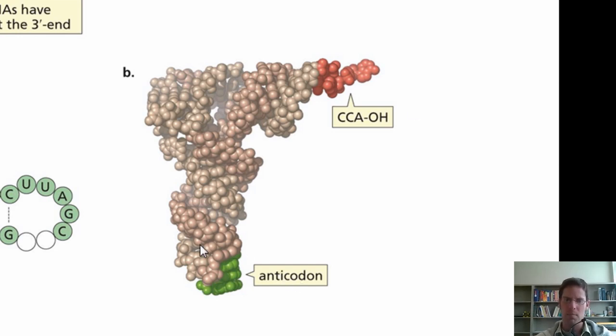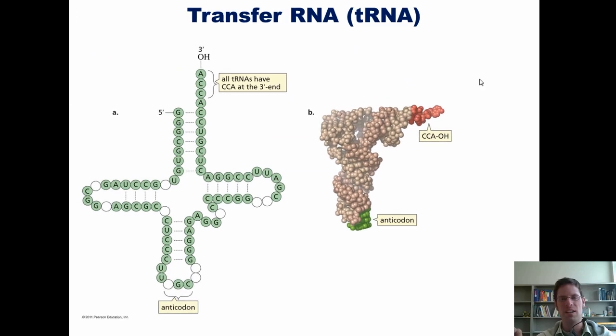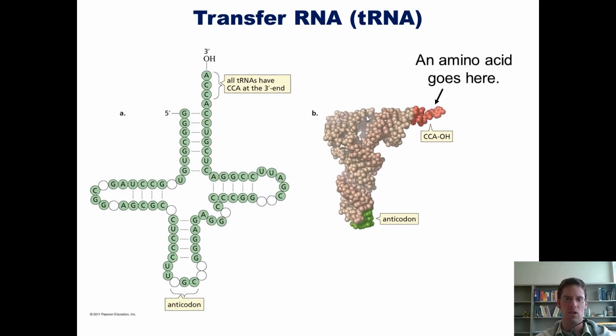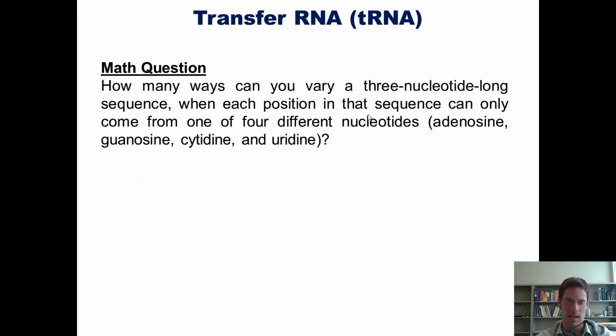In any event, the butt of this pistol right here has a 3 nucleotide sequence called an anticodon. The muzzle of the pistol over here has a cytidine-cytidine-adenosine, or CCA, tip that gets attached to a different amino acid for each different tRNA.